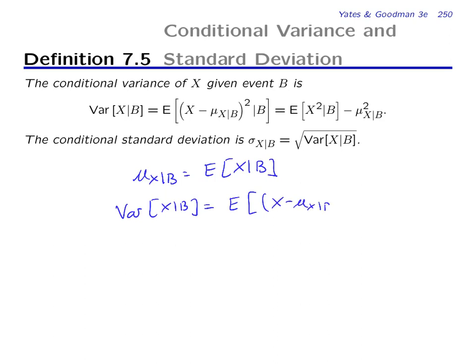You have to use this conditional expected value here, mu of X given B. The key thing to remember is that once you say we're conditioning on event B, we're calculating a conditional variance, then you have to do all of your averaging, your expected values, using either the conditional PDF of X or the conditional PMF of X.